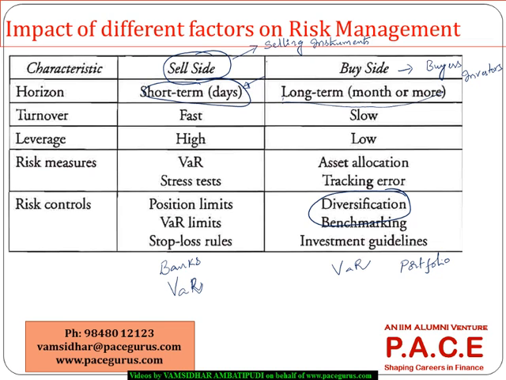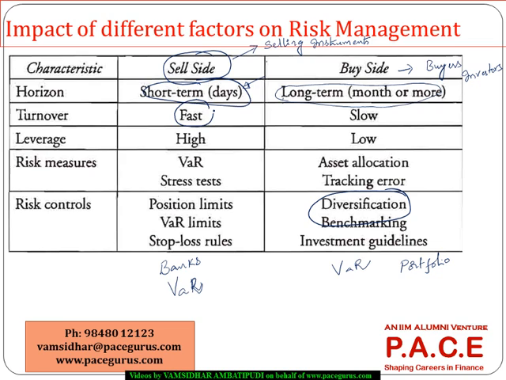Whereas from the buyer's perspective, once they make an investment in a security or an asset, they would like to hold it for a considerably longer period of time. So that is where they require the estimate of risk management more on a long term basis rather than on a short term basis, right?